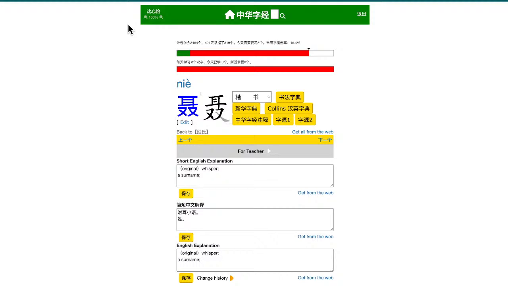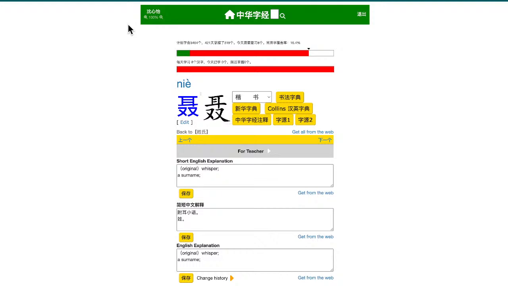These were nobilities bestowed land by the emperor, by the kings. All these feudal lords got a piece of land, and lots of people later were named after the name of their state.